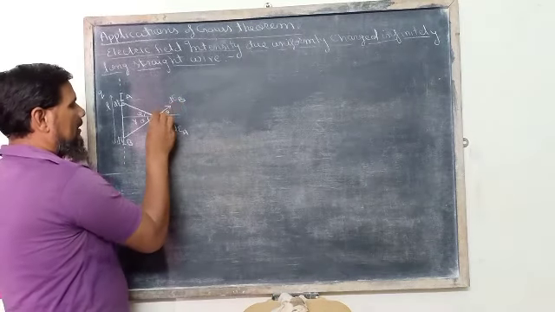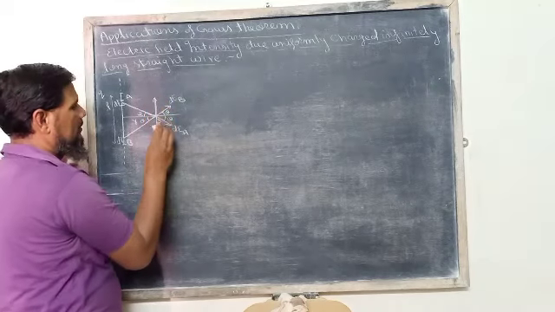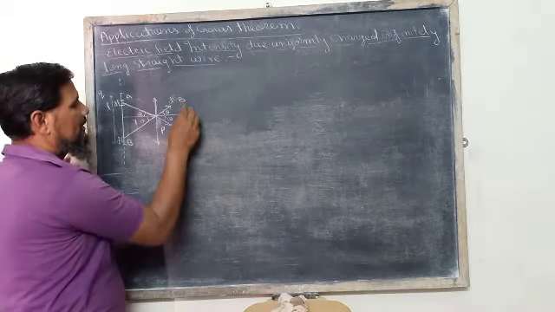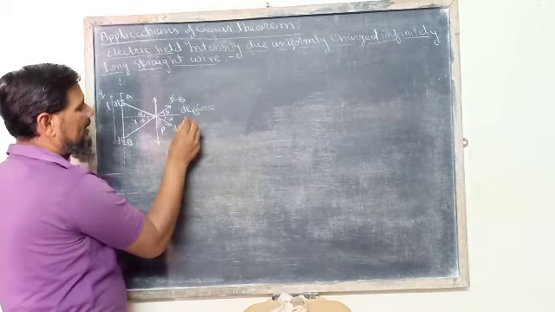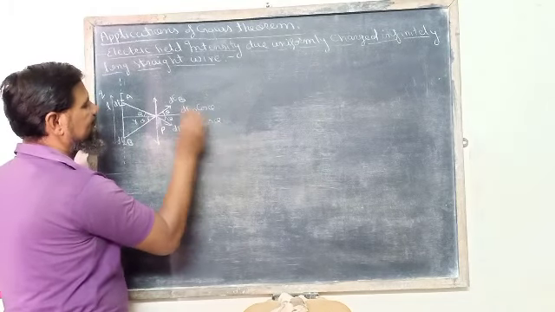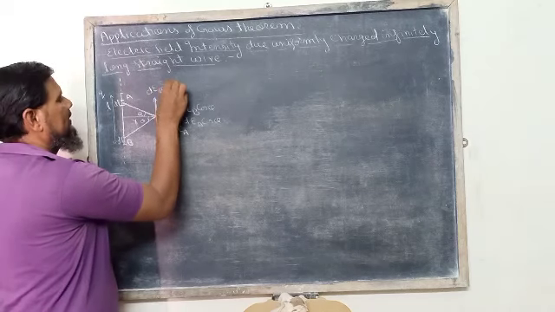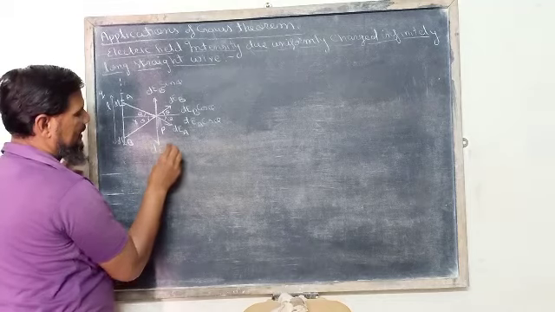Now we resolve these into components. Here the cos components will be dE_B cos theta and dE_A cos theta, and the sin components are dE_B sin theta and dE_A sin theta.